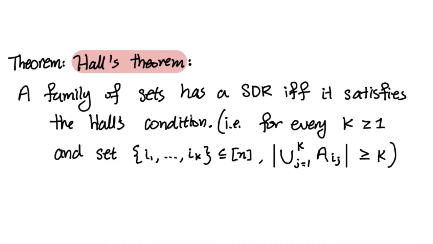According to Hall's theorem, a family of sets has an SDR if and only if it satisfies Hall's condition, which is for every k greater or equal to 1 and every set I1 to Ik, a subset of the natural numbers from 1 to n, the union of the A's with index included in that set has size greater or equal to k. This is a very powerful theorem considering how simple Hall's condition is and that it is a sufficient condition.